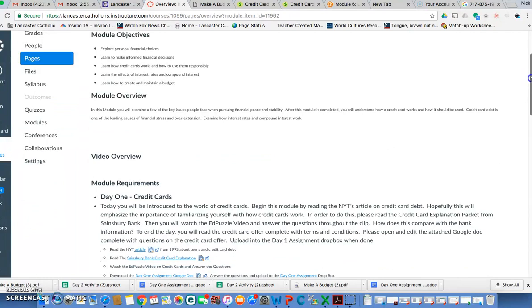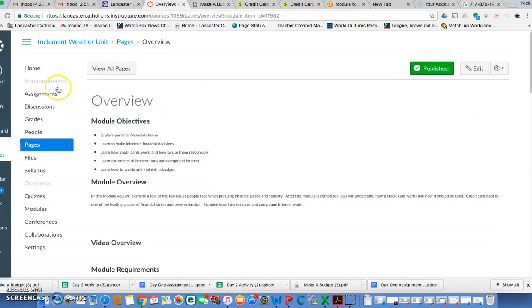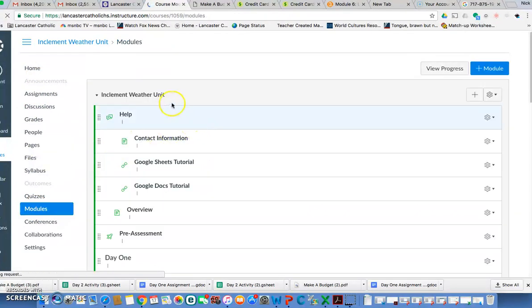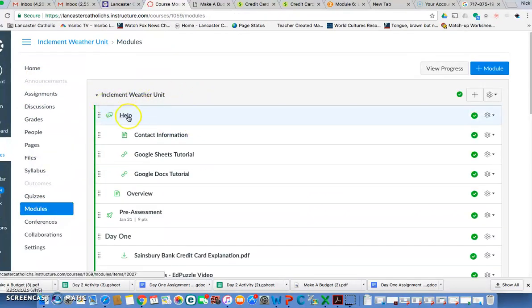When I had students walking through this, they're so used to using Canvas just for assignments and announcements, I need to make sure that they know to go to modules. And then once they go to modules, I should have a content page that says getting started, so that will lead them into the right flow of what's going on here.